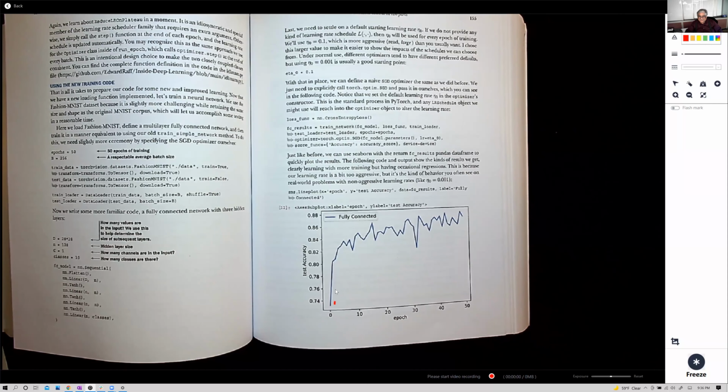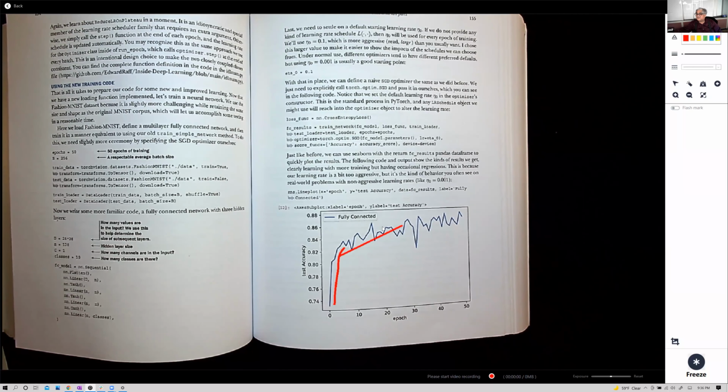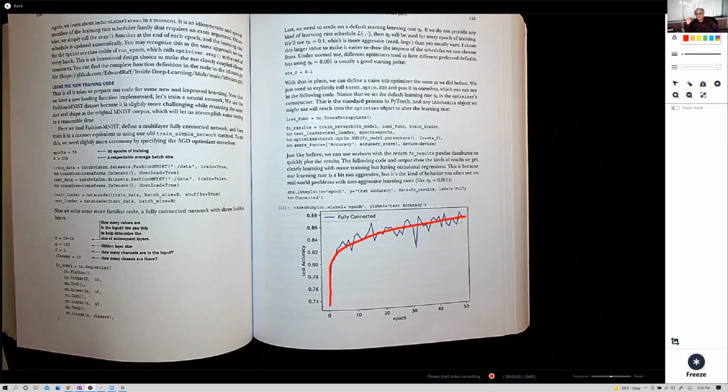Look at this. What is it doing? This is not a very perfect tool, but is it smoothly learning and improving the accuracy?